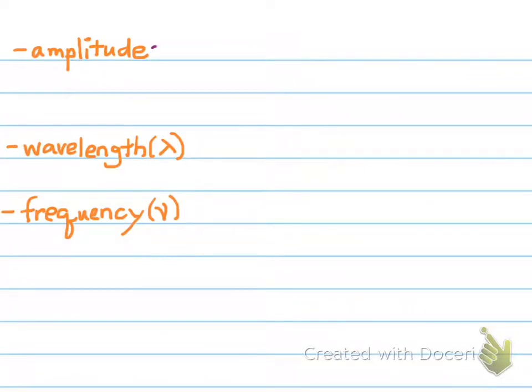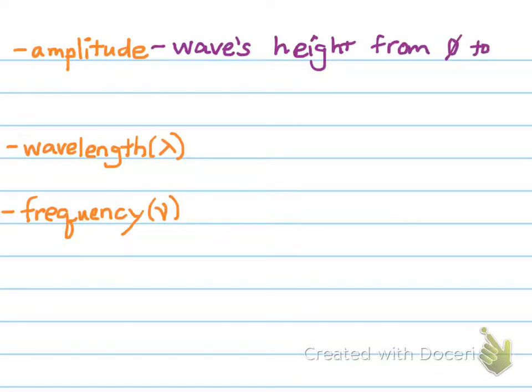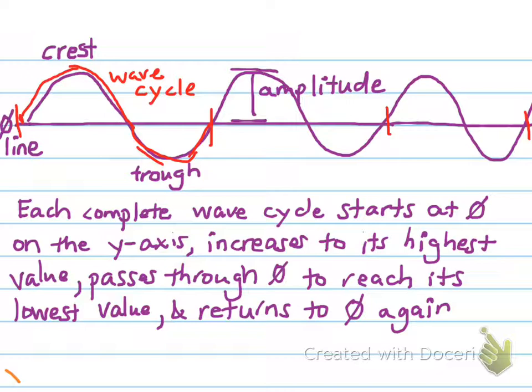Amplitude is defined as the wave's height from 0 to the crest, or the highest point. So again, that's our amplitude.